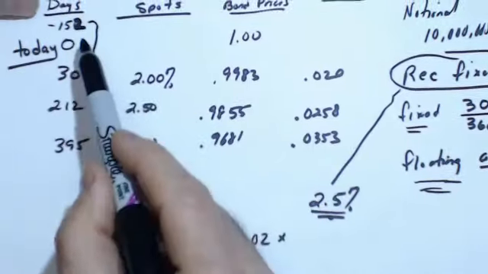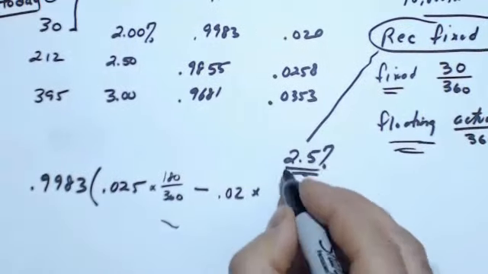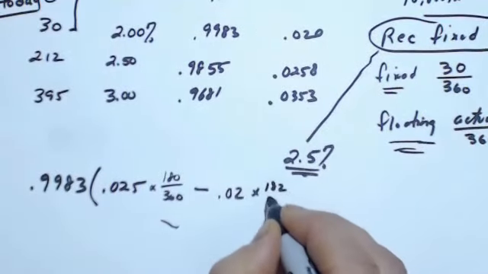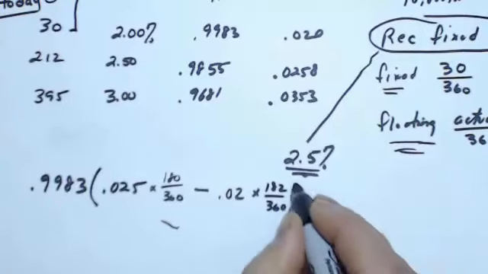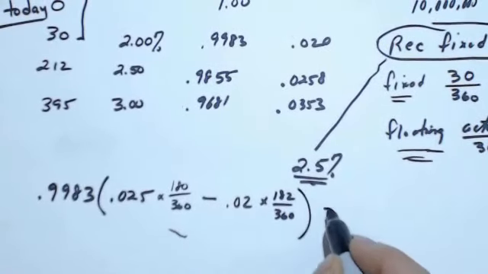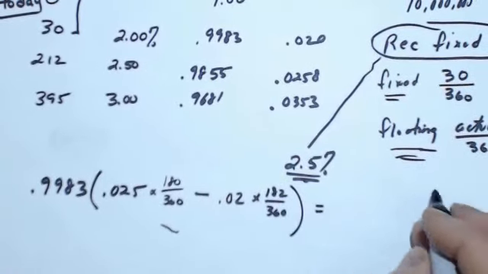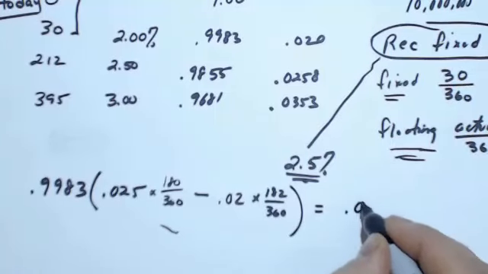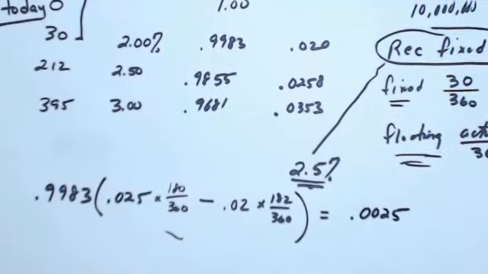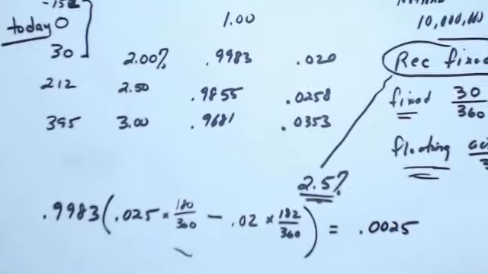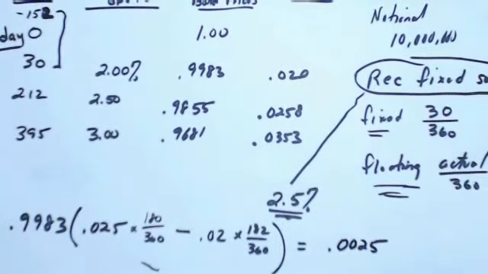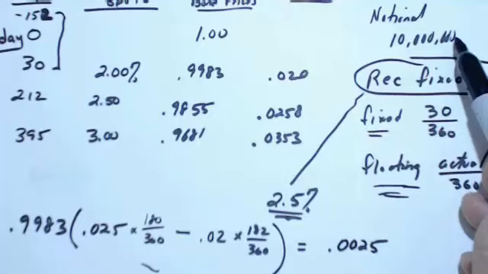Yeah, it's 152 there. So now it's 182 divided by 360. Okay, this equals 0.0025. And so again, I'm working on everything as a notional value of $1, and then when I get done, I'll multiply everything by the $10 million.